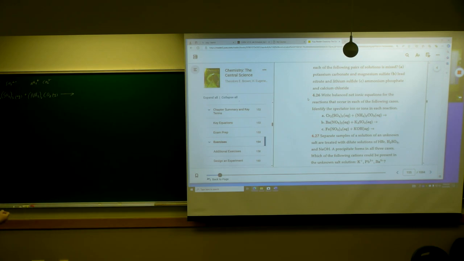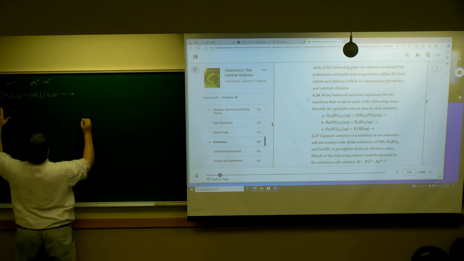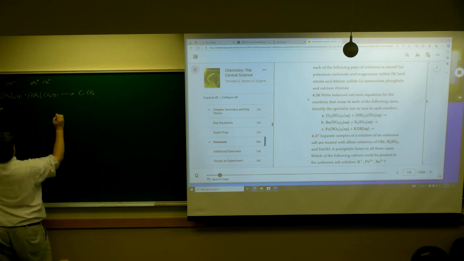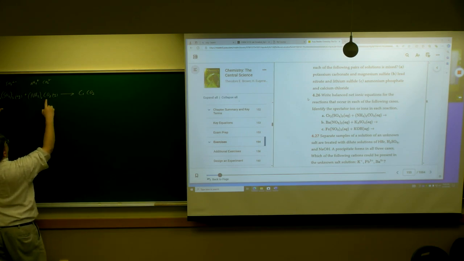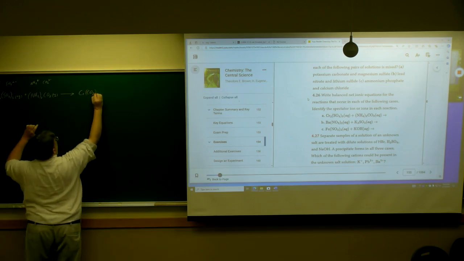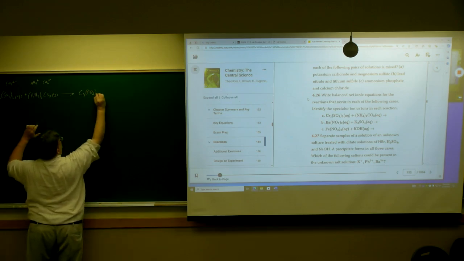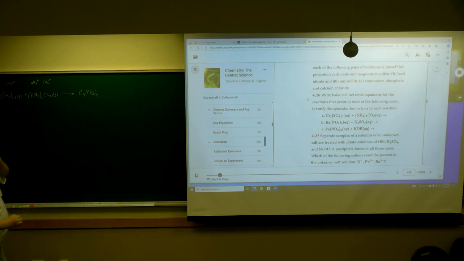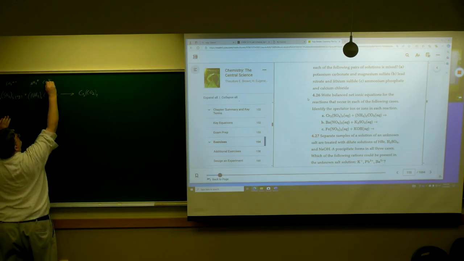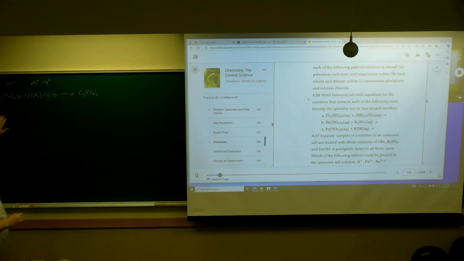So if we're going to swap these, we're going to have Cr with CO3. So plus 3, and CO3 is 2 negative. So you have to balance these as well. It's CO3, and it's 2 negative.